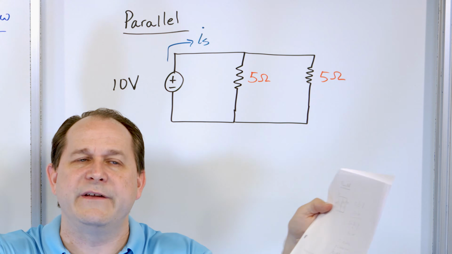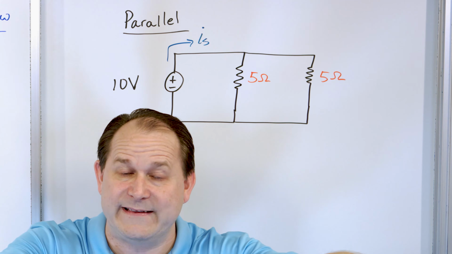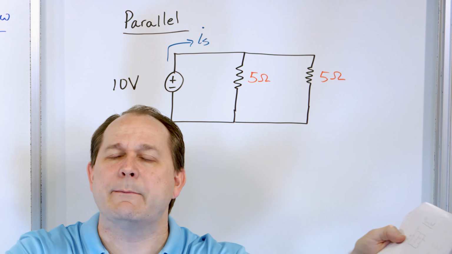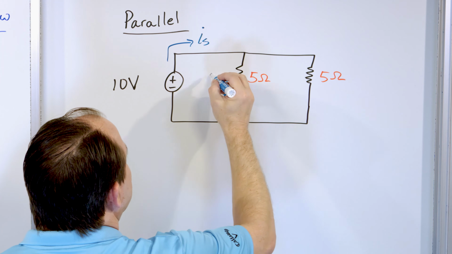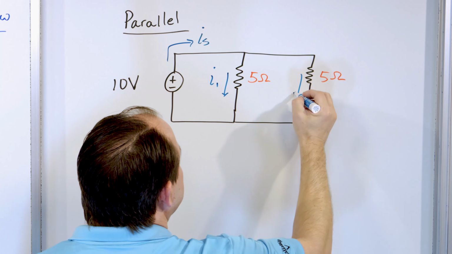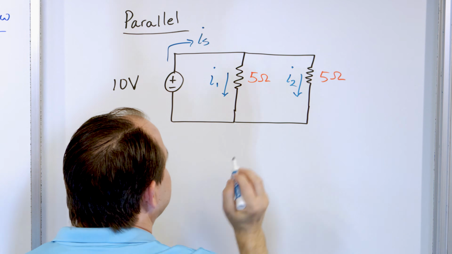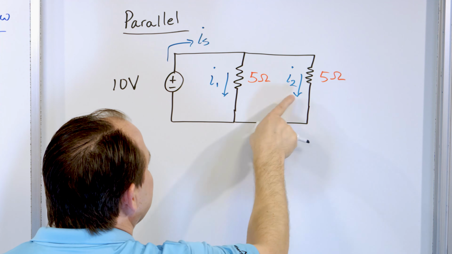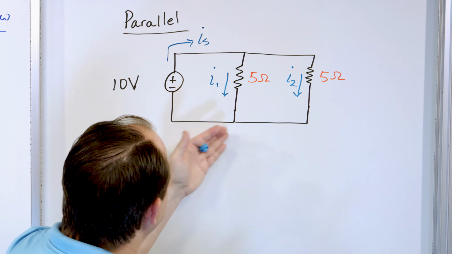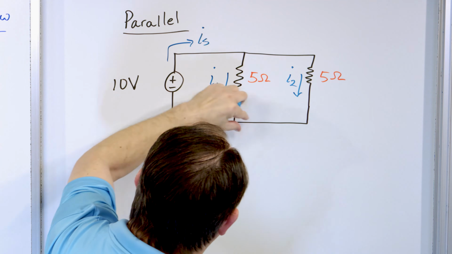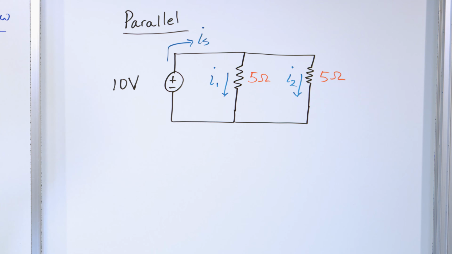So the sum of the two forks has to be the same amount of water coming from the source. So there's going to be some current going here, I'll call it I sub 1, and there'll be some current going through here, I'll call it I sub 2. And whatever these 2 currents are, they must add up to whatever the source current is, because it's just electrons per second flowing. They have to branch and then come back and go back through the source.